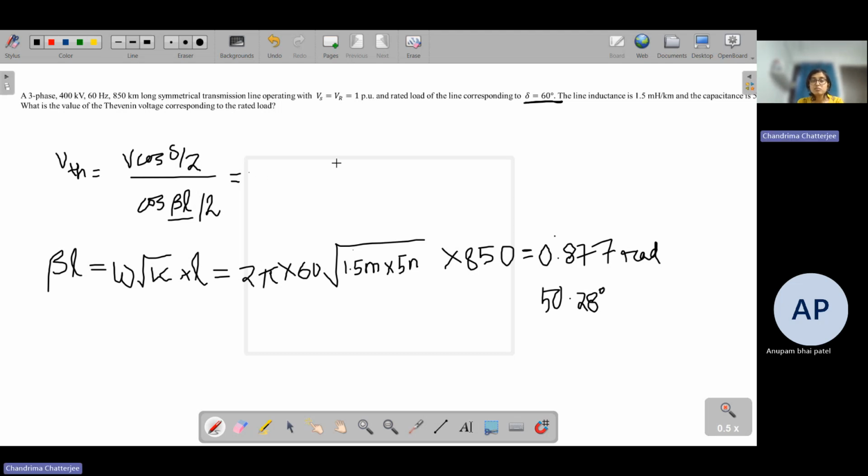And we need to find out the answer in per unit. So no need to multiply by V, which is 400 kilovolt, because we are finding the per unit value. V Thevenin will be simply cos delta by 2 by cos beta L by 2.